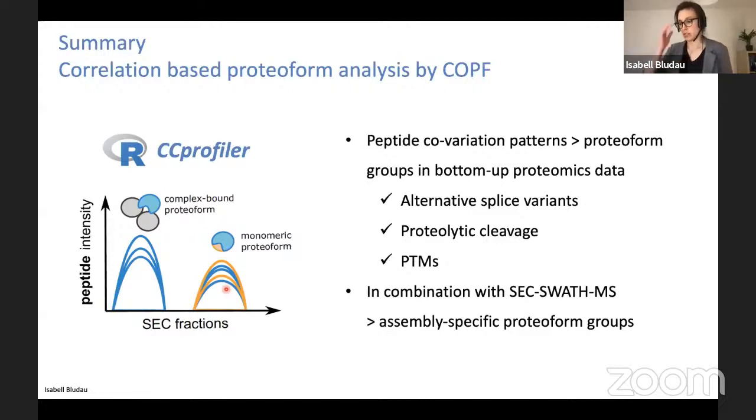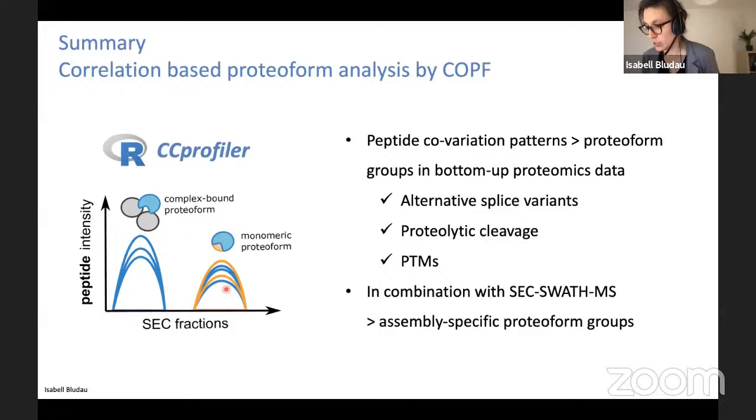You can detect hundreds or thousands of alternative splice variants, which we cannot detect by the CoPF approach. But as you also correctly said, what we can detect are functionally relevant proteoforms that show a difference between conditions. We are blind to proteoforms that are just present in the cell but don't have an impact, but we can see the ones that are different across our data set.